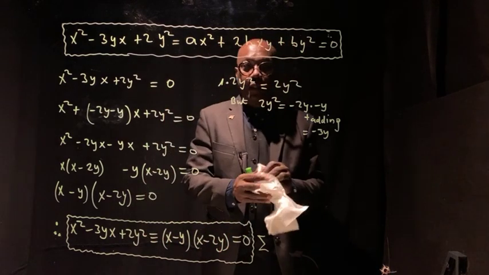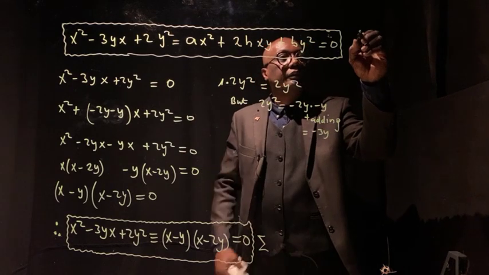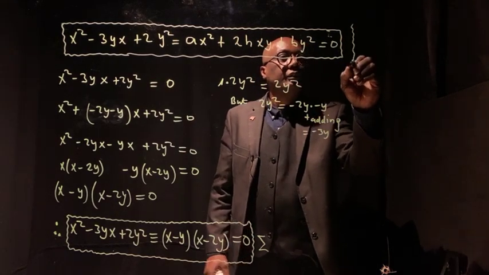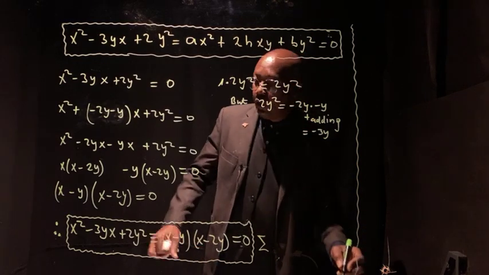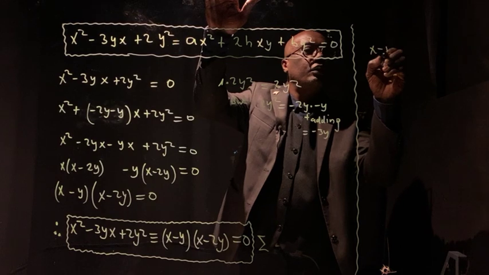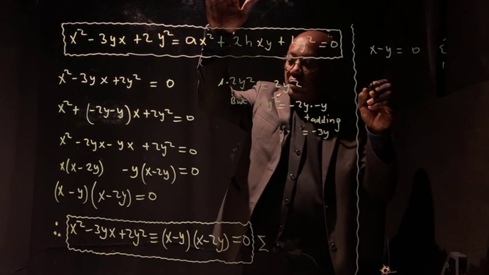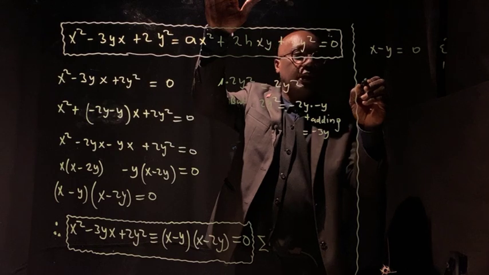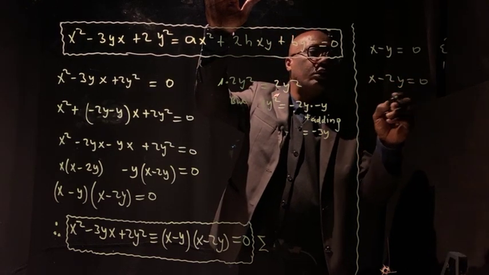Now, x minus y equals 0 and x minus 2y equals 0.